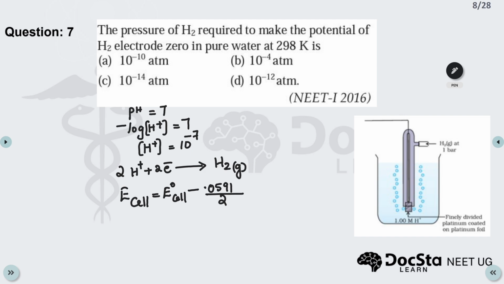So you have to put it by 2 log pressure of the hydrogen divided by the concentration of H+ ions. Since here you have 2 moles of H+, you have to put it raised to the power of 2.